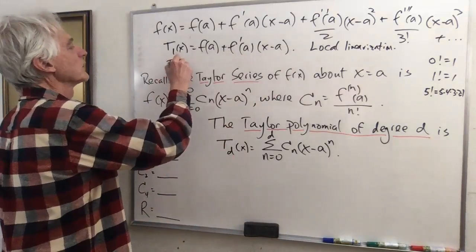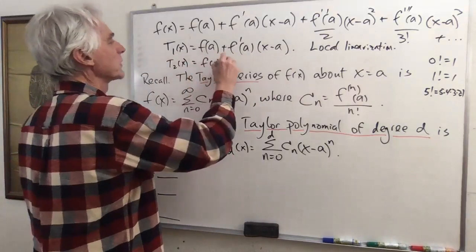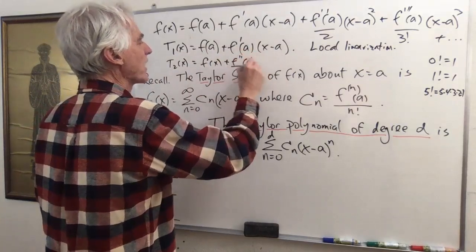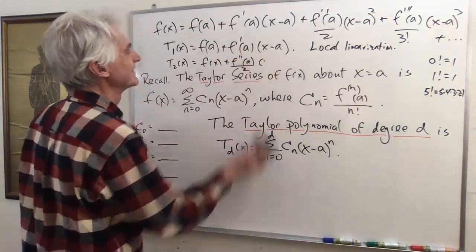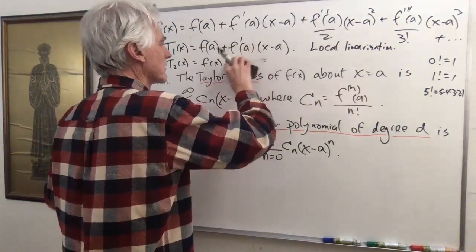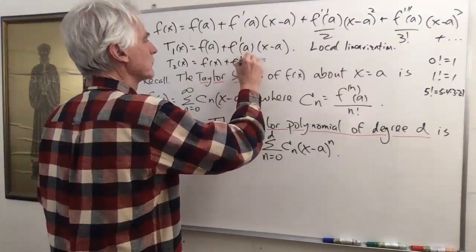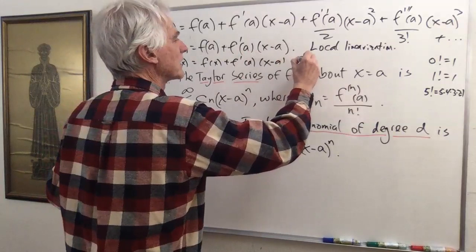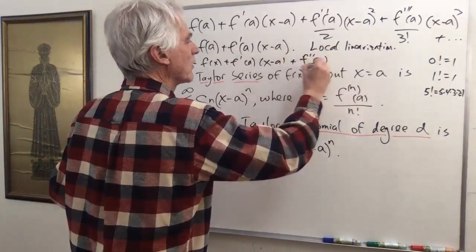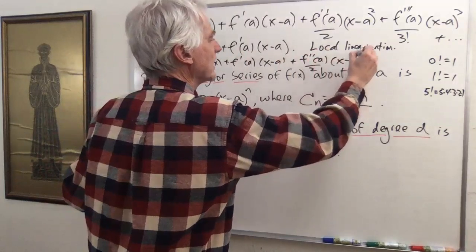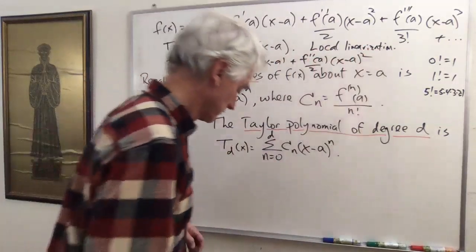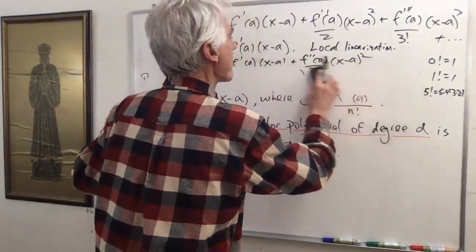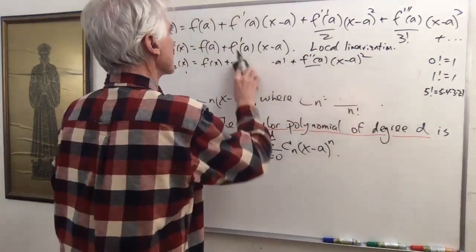And then T2 of x would be this, but I keep going. Oops, sorry, I have to divide by 2. I have this same term, but then I add the second derivative at a over 2 times x minus a squared.